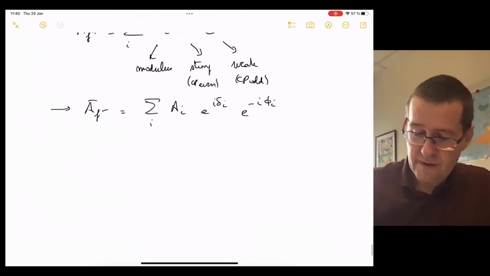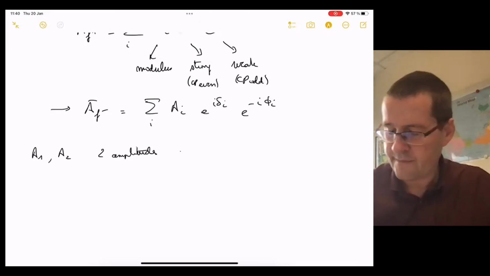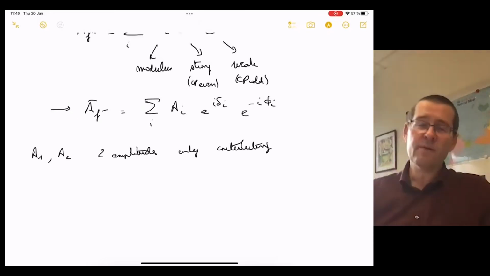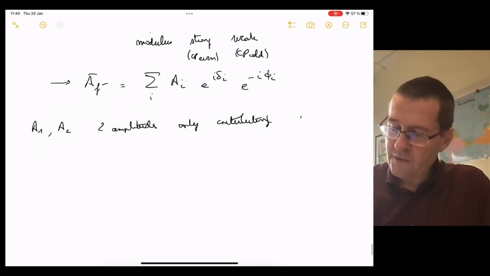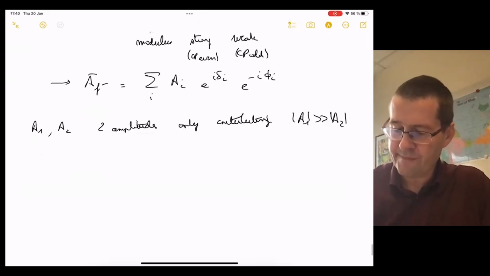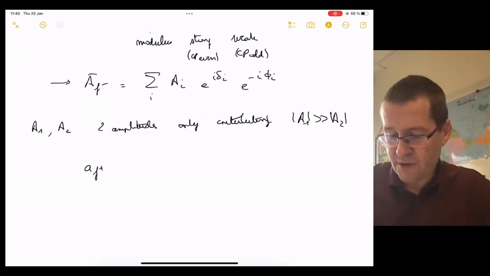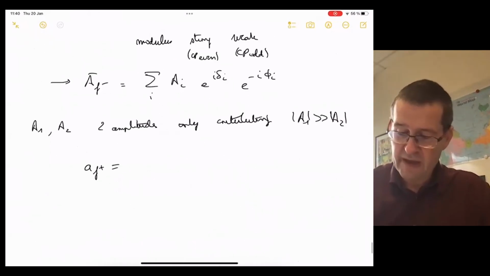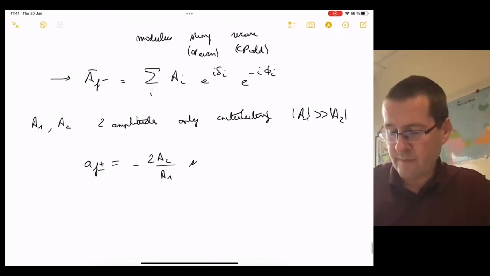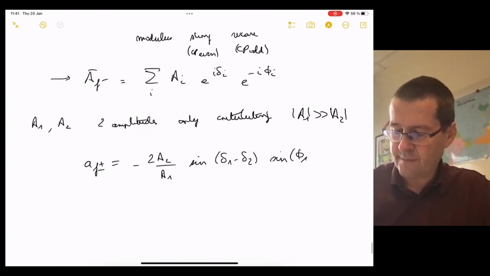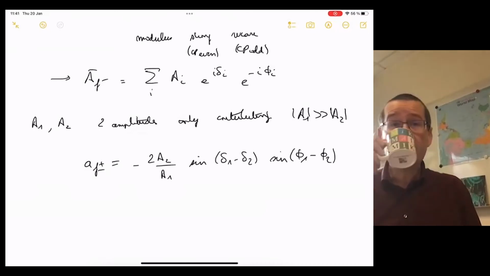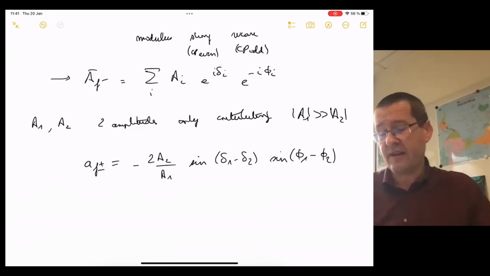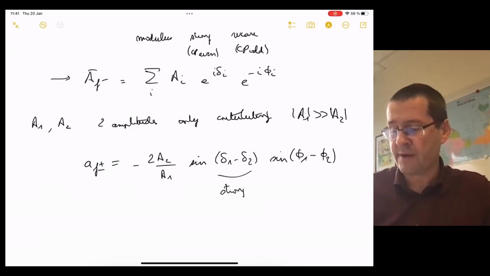For instance, if I assume that I've got only two amplitudes contributing, and generally we try to find processes where, to a good approximation, this is true, and you assume, for instance, that A1 is much larger than A2, then you can show very quickly that this asymmetry that I wrote at the beginning is going to be given by this: the ratio of the two amplitudes, the moduli this time, and then the product of the sine of the difference of phases, the strong part and the weak part.